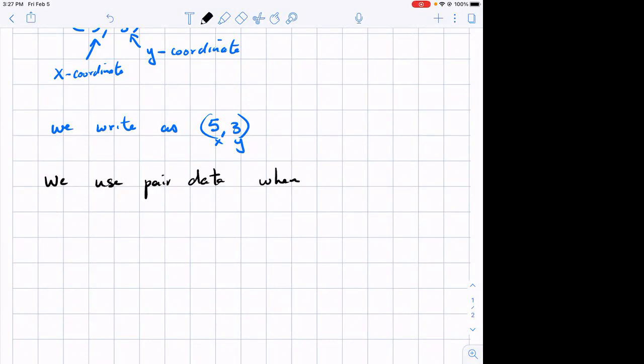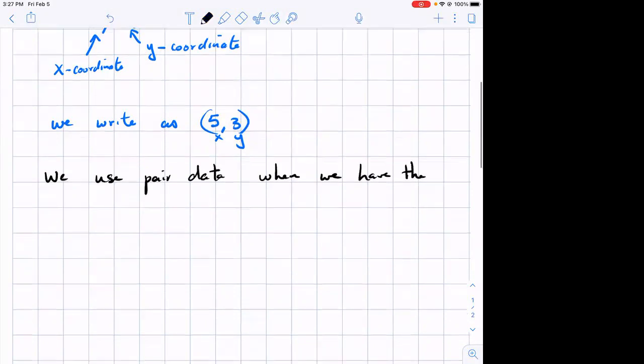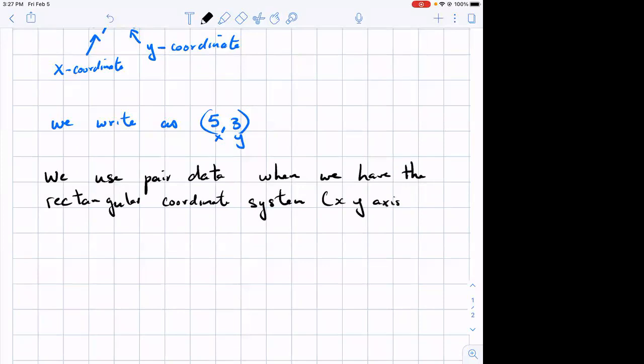This is what we refer to as the XY axis.